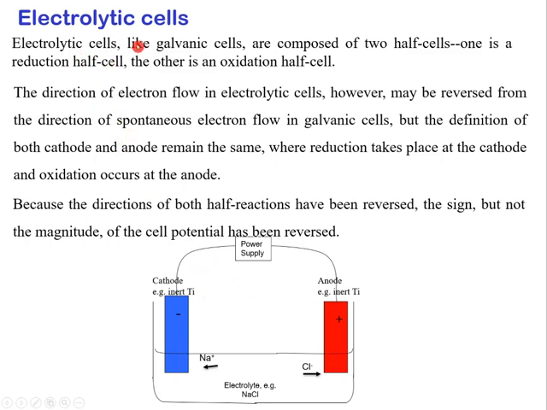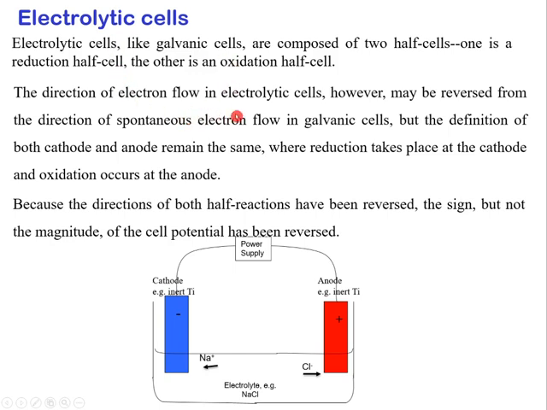So now, electrolytic cells like galvanic cells are composed of two half cells. One is a reduction half cell and the other one is an oxidation half cell. So in those cases, they are quite similar. The direction of flow of electrons, however, may be reversed from the direction of a spontaneous reaction.